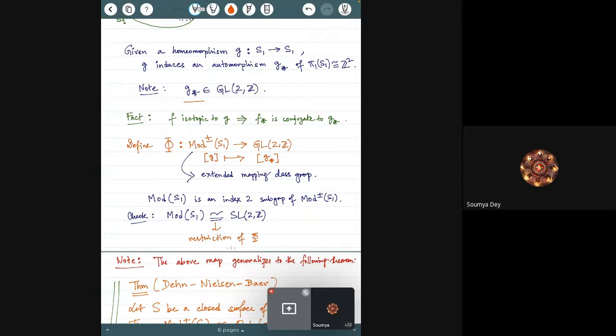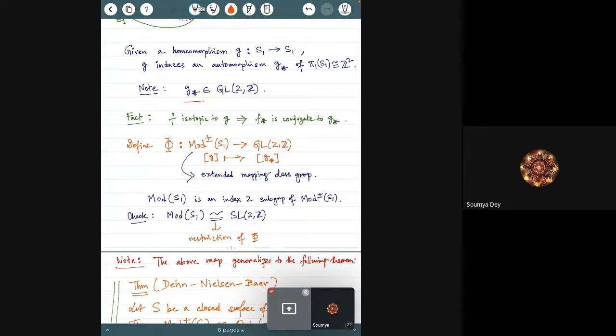So this gives a definition of a map from the extended mapping class group, I'll define what this is, to GL2Z. What is this extended mapping class group? This is basically you are not restricting to only the orientation preserving homeomorphisms, so you are also allowing the orientation reversing homeomorphisms.